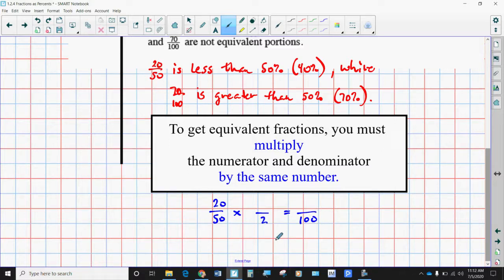That would be a 2, correct? So we're going to turn this into a giant 1 and multiply 20 times 2, and that will give you 40, okay? Numerator and denominator getting multiplied times the same number gives you an equivalent fraction. And in this case, we want the fraction with the denominator of 100, so we chose the number 2, since 50 times 2 is 100.